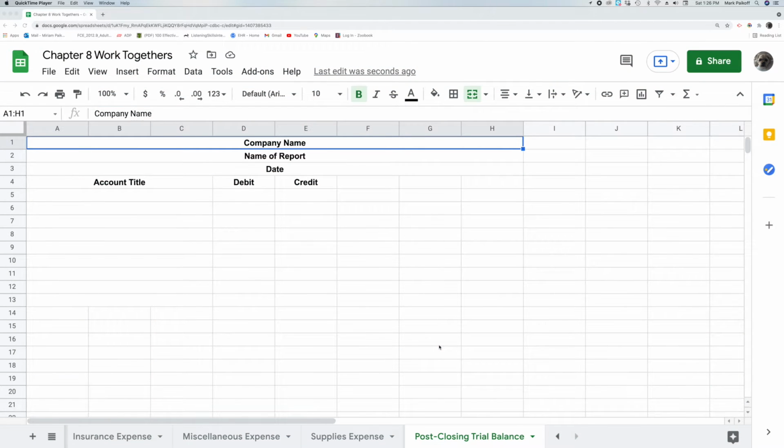Alrighty, so now we're going to be moving on to the 8-3 work together, in which we will be preparing a post-closing trial balance. So the first thing that we're going to do is put in the name of the company, and this is going to be Darlene's delivery service.